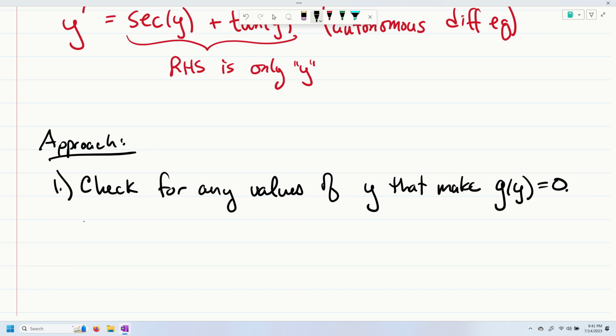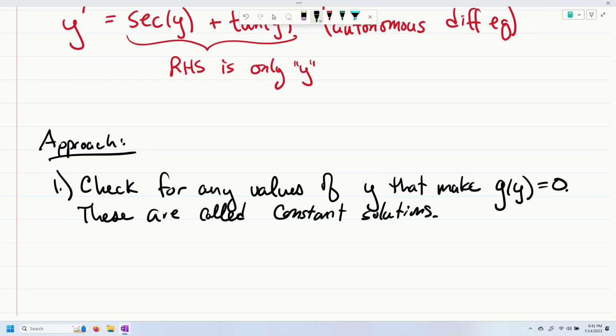If you find those, these are called constant solutions, meaning they're just numbers.